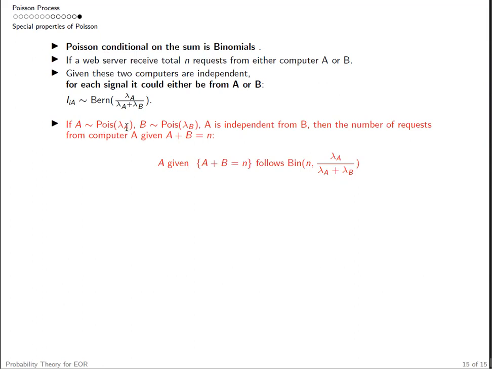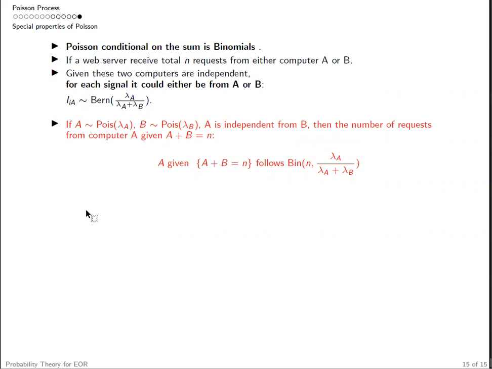If A follows a Poisson distribution with arrival rate lambda A, and B follows a Poisson distribution with arrival rate lambda B, and A and B are independent, then the number of requests from computer A, given we have received n total requests, follows a binomial distribution with n trials, where we sum those n Bernoulli distributed indicator random variables together, with the same success rate.